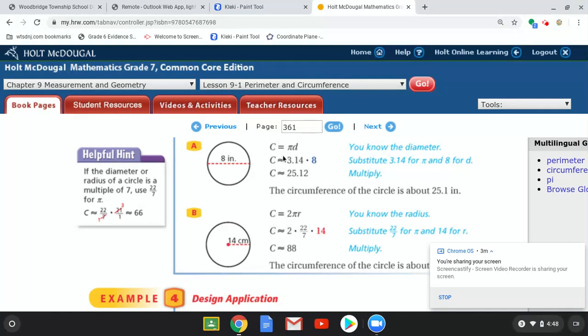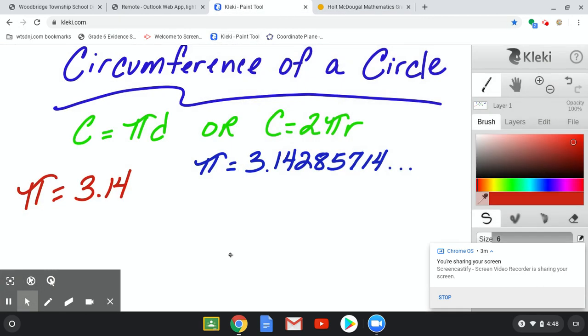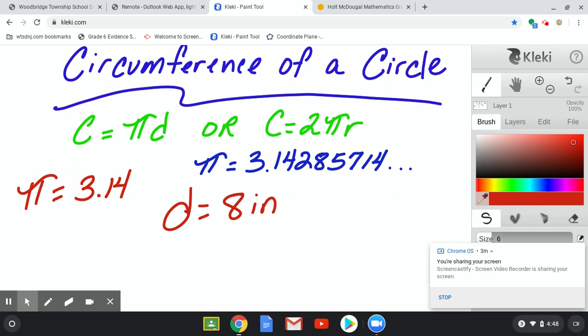So we're going to use this one as an example here. We're going to use 3a. So this circle has a diameter of 8 inches. So my diameter is equal to 8 inches, and they want us to find the circumference of the circle. So again, I'm going to use this formula because I find this to be the easiest.